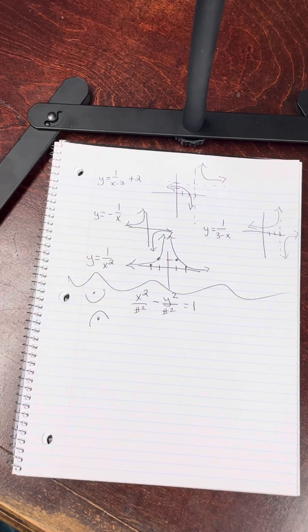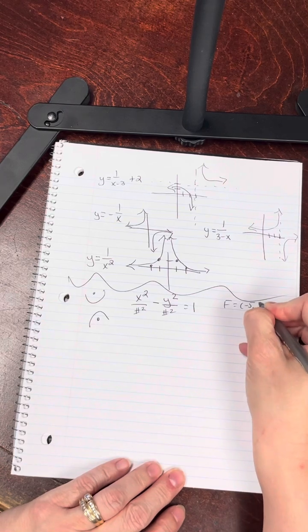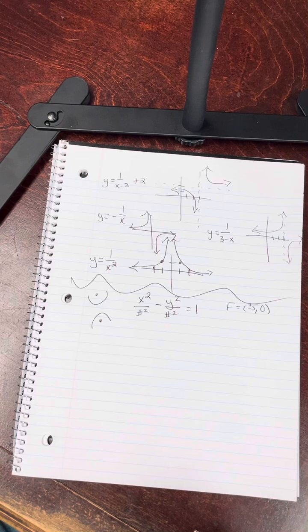Okay, so I missed example 1. Using the definition for a hyperbola, write the equation for the hyperbola whose foci are positive and negative 5, 0, and the difference of the distance to the foci is 6.